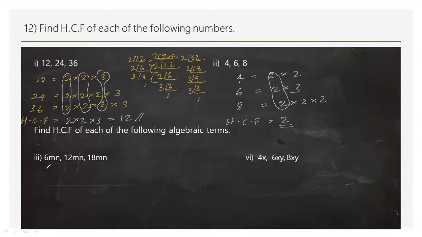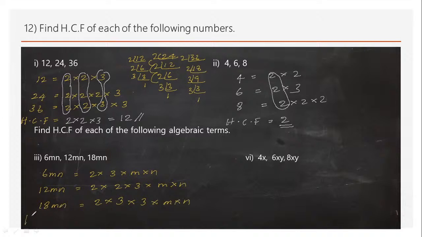So we can write 6mn as 2 into 3 into m into n. 12mn, product of prime factors, 2 into 2 into 3 into m into n. 18mn, 2 into 3 into 3 into m into n. Highest common factor equals 2 common.